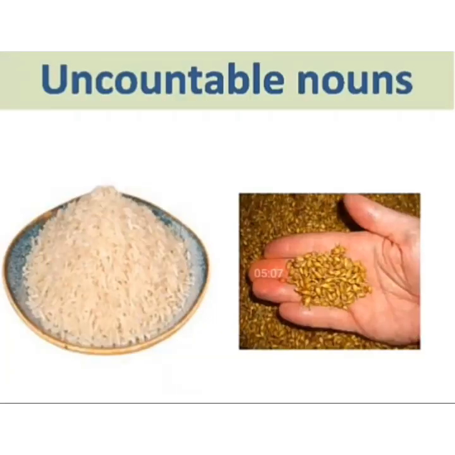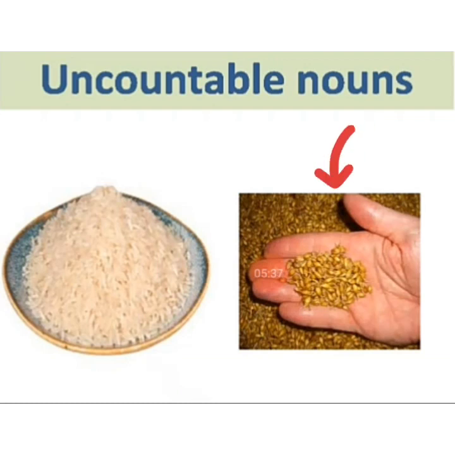See examples of uncountable nouns. In the picture, you see rice measured in a plate. You can only count this as a plate of rice, but you cannot count these grains of rice individually. That makes it what? Uncountable noun. The next photo is a photo of barley. Barley is a grain.